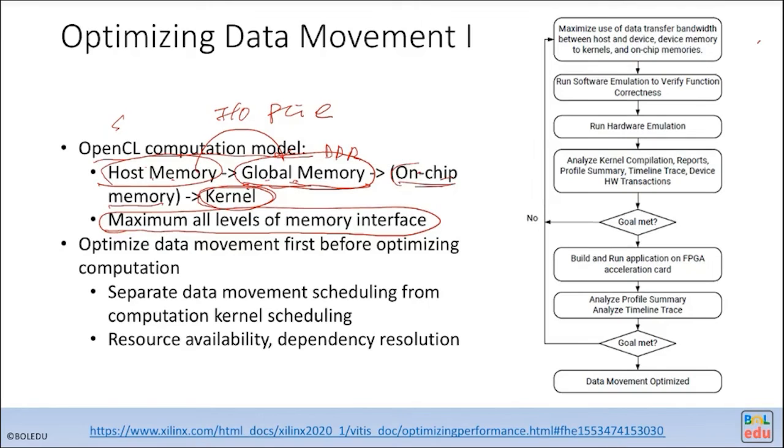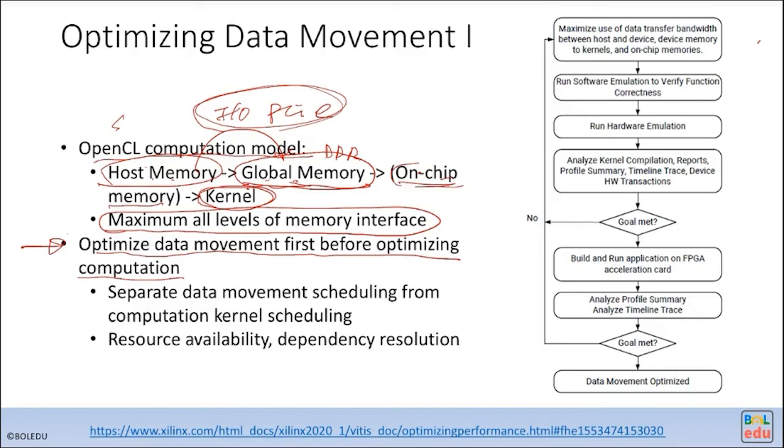You also need to observe the PCIe bus. Look at the bus utilization and see if there is any inefficiency there, and then you optimize. I also recommend that you optimize data movement first before optimizing computation.